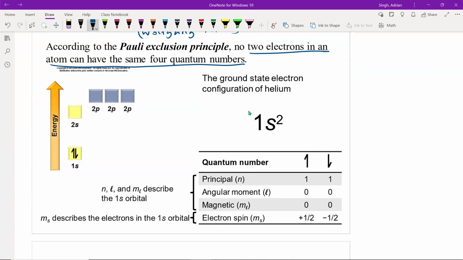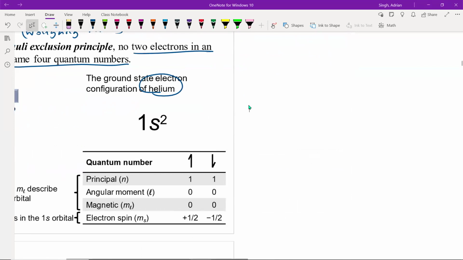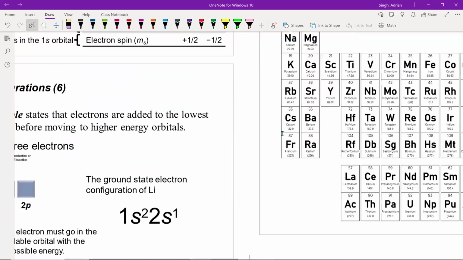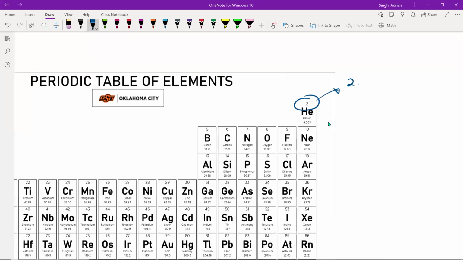So, for instance, if I have a helium atom, helium is over here on the right side of our table. It's got 2 protons, and the helium atom will also have 2 electrons.